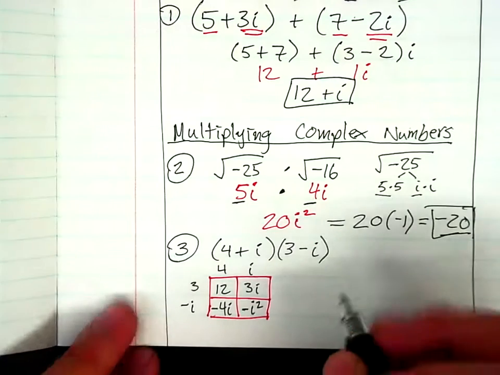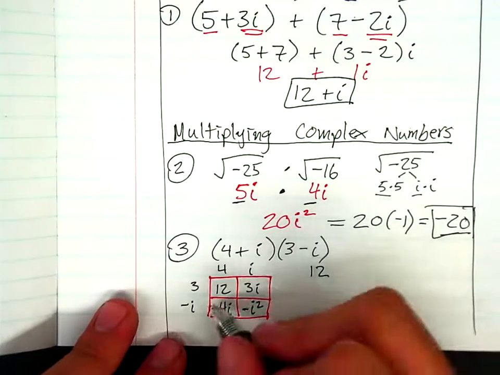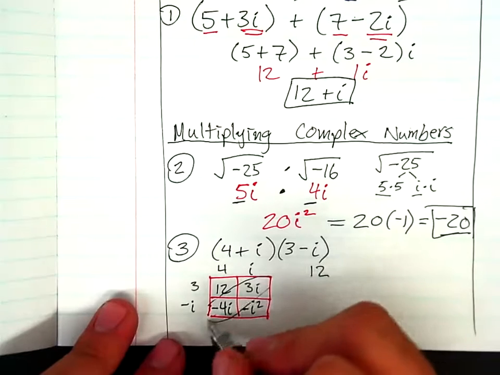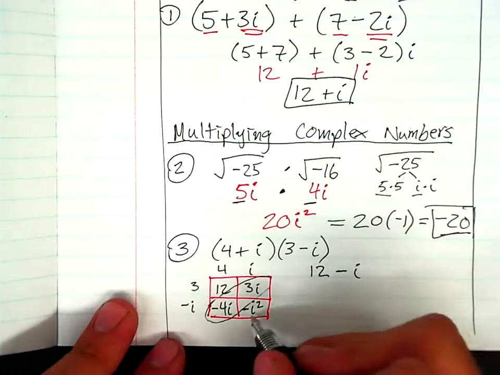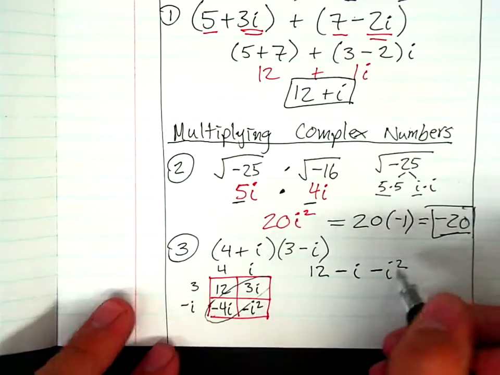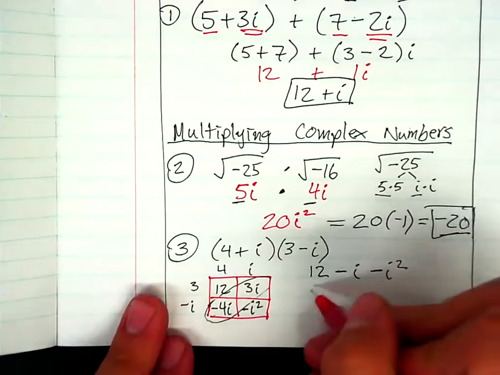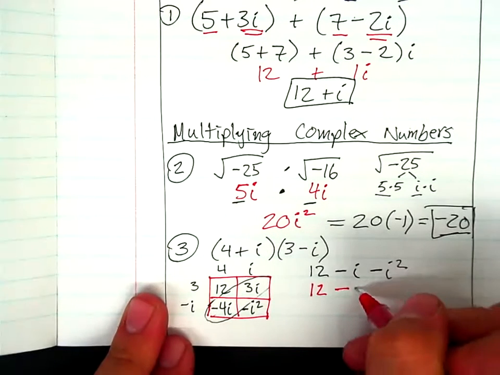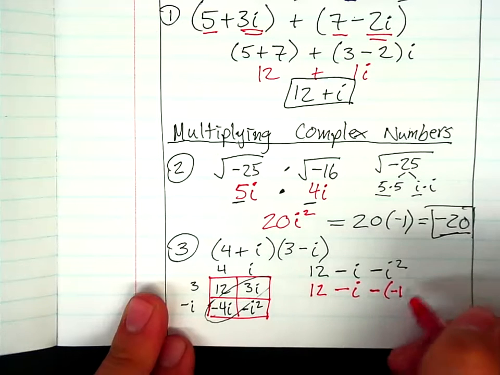So checking for like terms, the first one I have is 12, no like terms for that one. Then I have negative 4i and 3i. Subtracting those together, I get negative i. Then finally, I have negative i squared. Now again, we don't keep negative i squared as is. We need to change i squared to a negative 1. So what I have is 12 minus i minus negative 1.